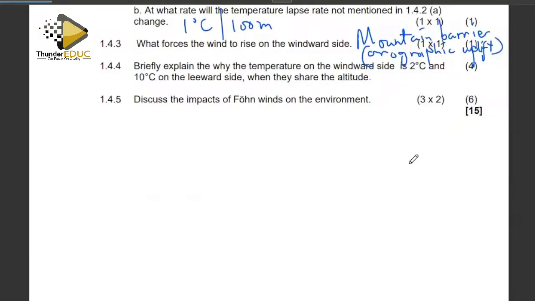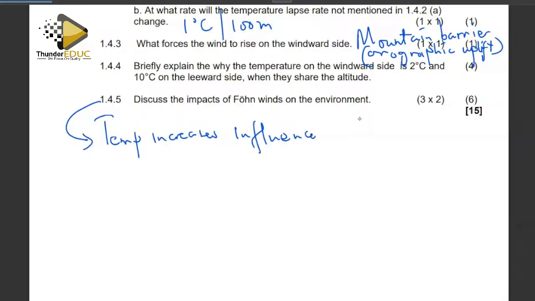Discuss the impacts of Föhn winds on the environment. We said they are hot and dry. So what is the impact of having hot and dry air on the environment? Right, it is going to cause temperature increases, which is going to influence local climates.